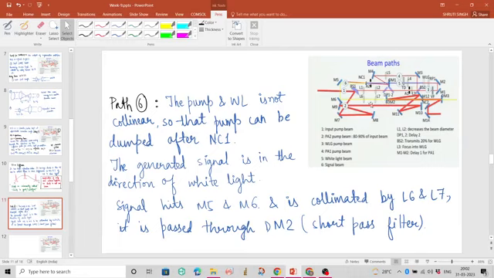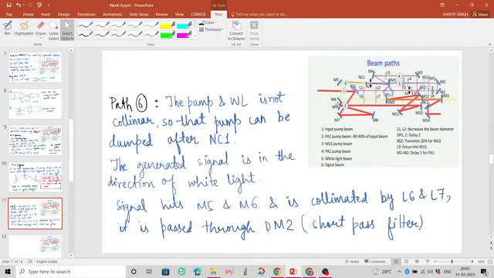Then it gets transmitted from the dichroic mirror 2 and hits NC2, which is nonlinear crystal 2. Now we have the signal generated, and we have to amplify it more. A moderate intensity gets generated after NC1. For amplifying, there is a second crystal here.